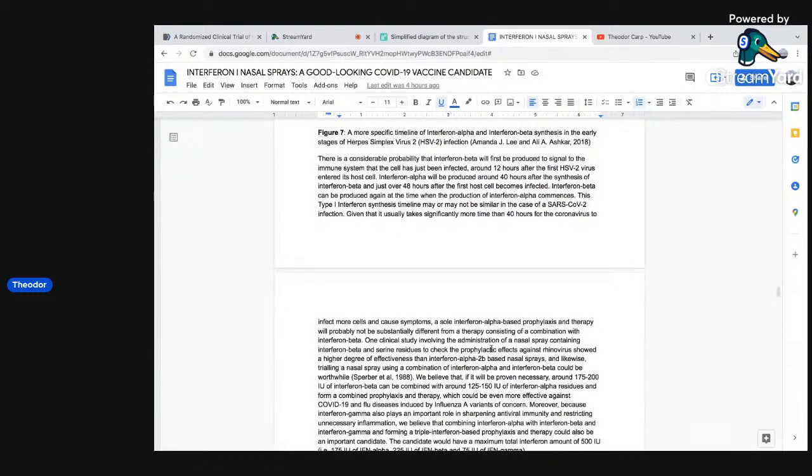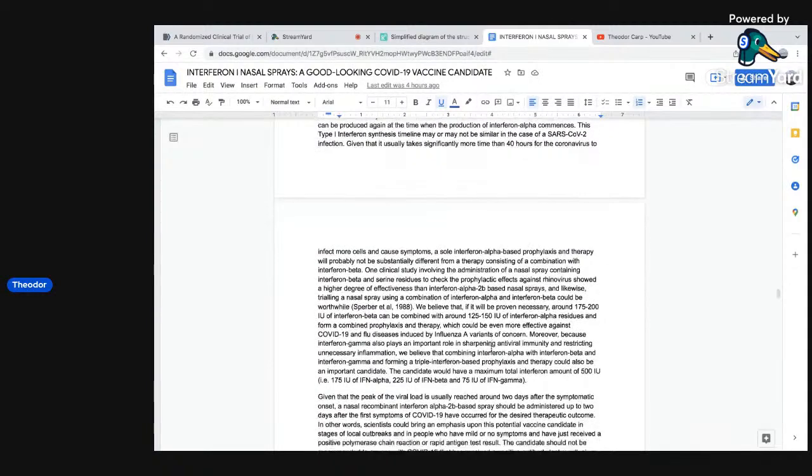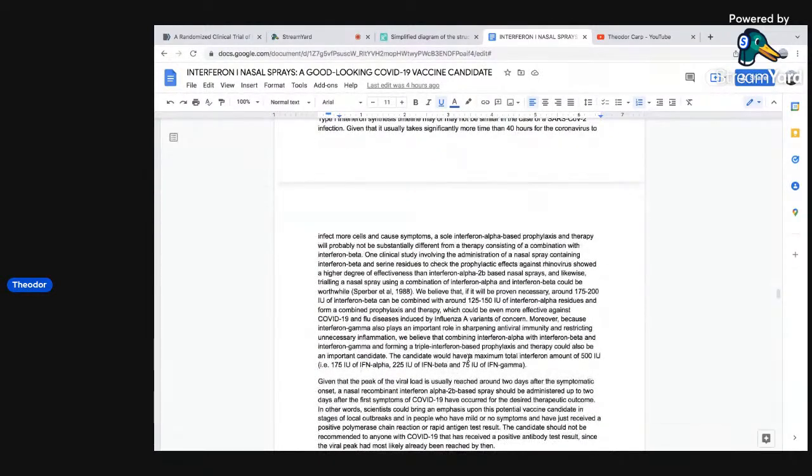And obviously, here we hypothesized a number of things. First hypothesis is that we can develop an interferon alpha nasal spray using around 300 to 350 international units for people located in areas of outbreak and for people who just developed the symptoms.